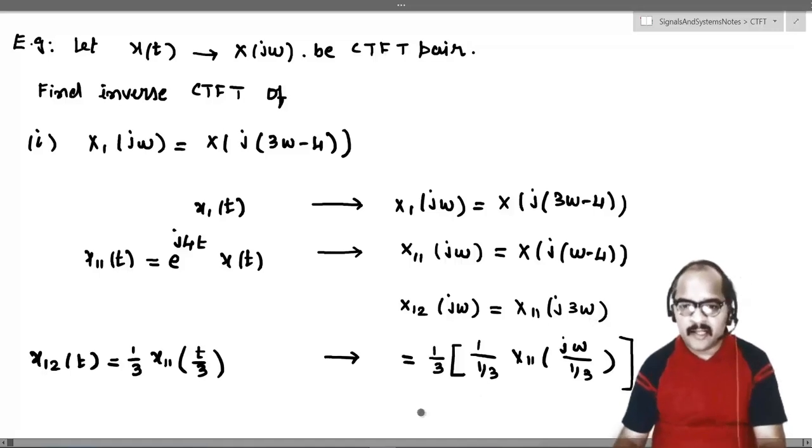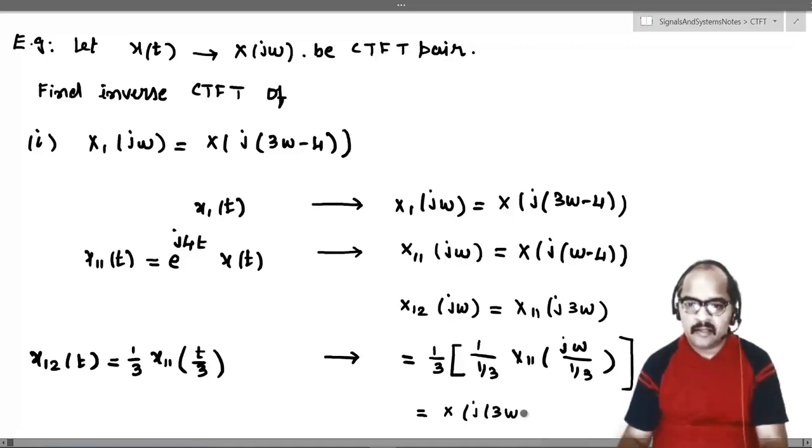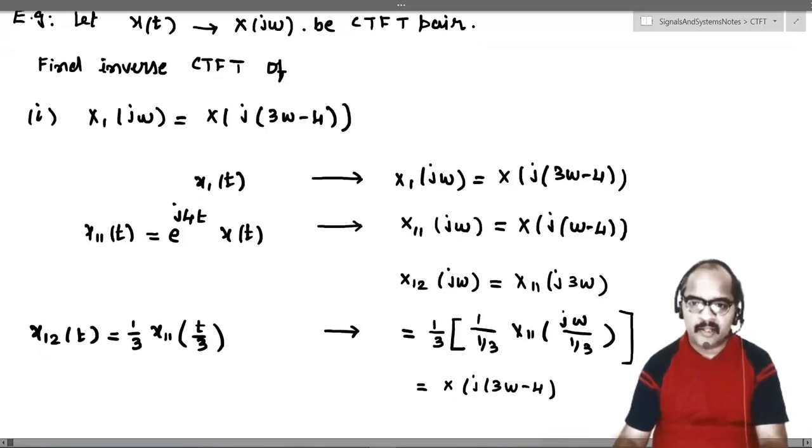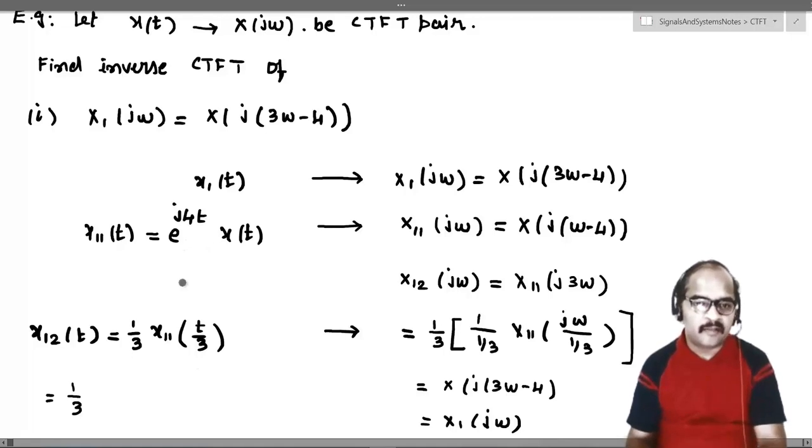But what is x11 of j3 omega here? That is nothing but x of j3 omega minus 4, and that is the same as our x1 of j omega. Okay, so let us substitute in the time domain. This should be equal to 1 by 3 times x11 of t by 3, which means wherever there is t, replace it with t by 3.